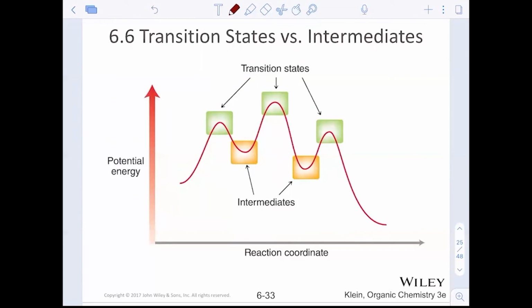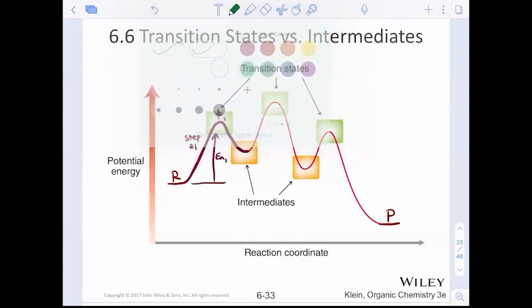Multiple steps, right? When we see a bunch of squiggly lines, reactants are always at the beginning, products are always at the end. When we start thinking about the kinetics, what happens in between? I'm going to label this as step 1. That first hill is going to be a transition state. I'm going to say transition state 1. It will have an activation energy, EA1.